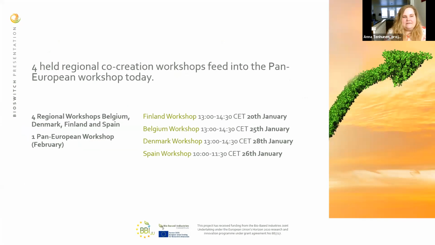Like I said, we had these 4 regional co-creation workshops, and they feed today into this pan-European workshop. I noticed that we had some of the same faces as in the regional workshops. That's really great, it's good to see you again today. So the idea is now to build upon the regional ones.